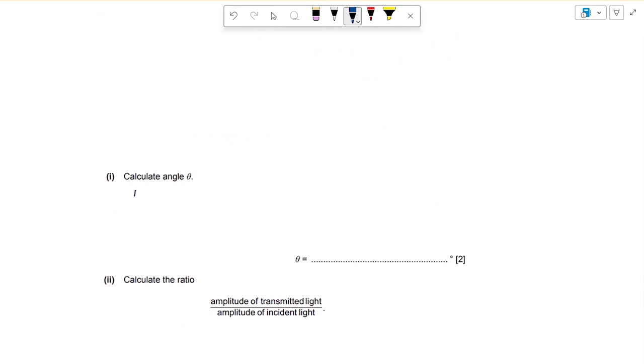So let's write our formula here. I is equal to I node cos squared theta. Now we have cos squared theta and our ratio. Let's write our ratio somewhere on the side here. I over I node is equal to 0.75.